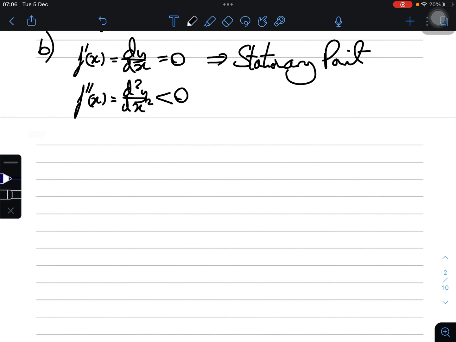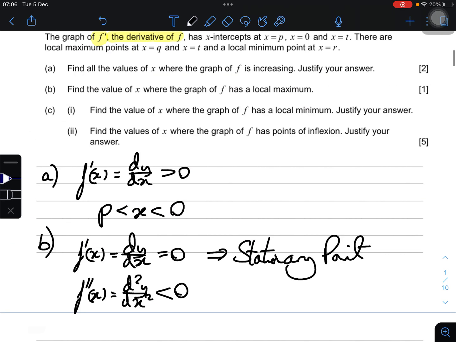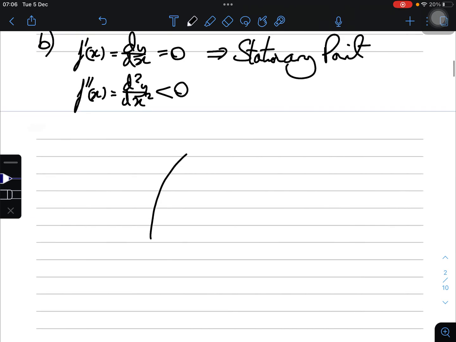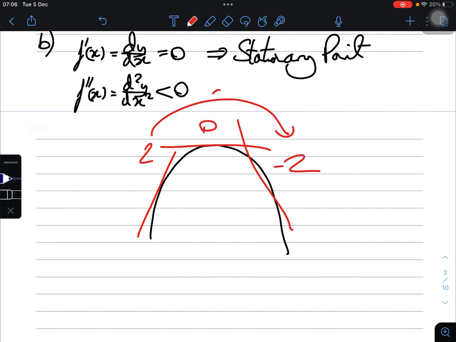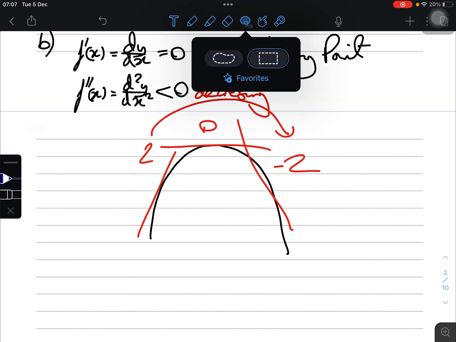Why would it be less than 0? Because if we're thinking about a local maximum, we're going up like this and down like that. So our gradient is going from, let's say, 2 to 0 to minus 2. So the whole way across here, it's decreasing. And because our gradient is decreasing, our change in gradient is decreasing.